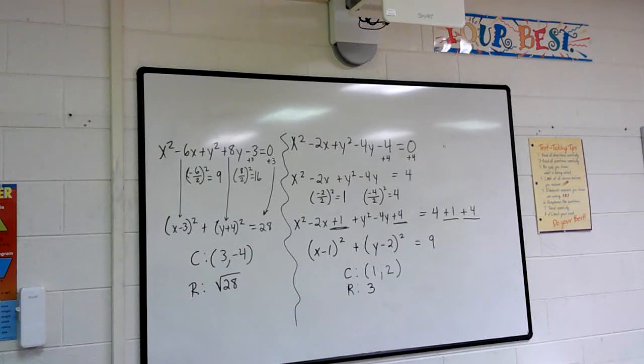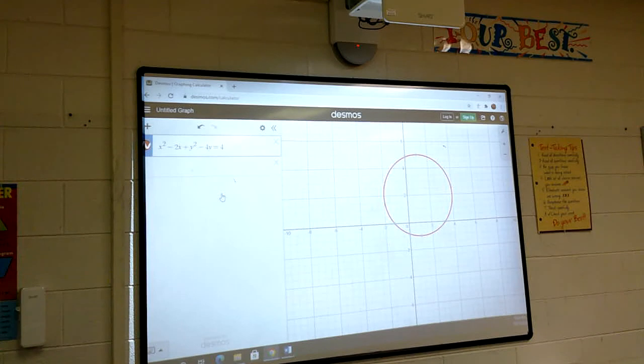Another thing, if I got that problem on the exam, then I would move the 4 over, and then on Desmos, I would be able to see that these are my 2. You could see your radius. So you would actually know your x's there are 1, so your center's got to be 1, and then the midpoint of 5 and negative 1 is 2.